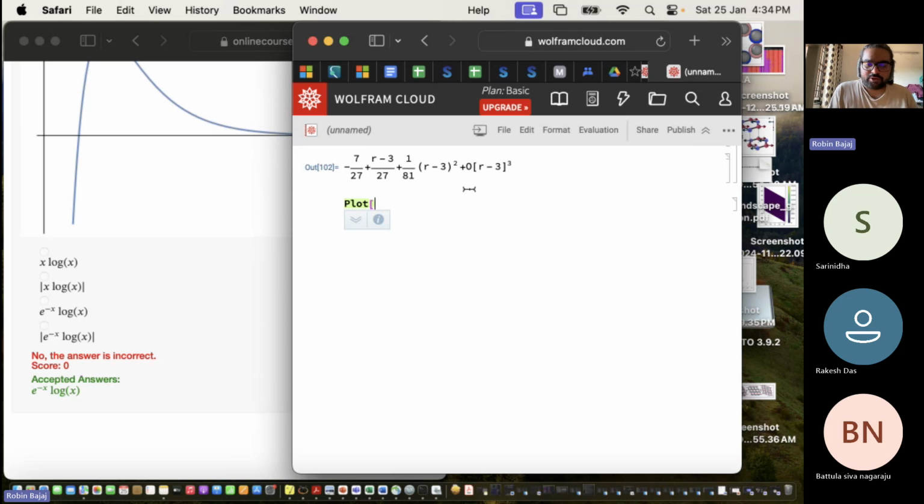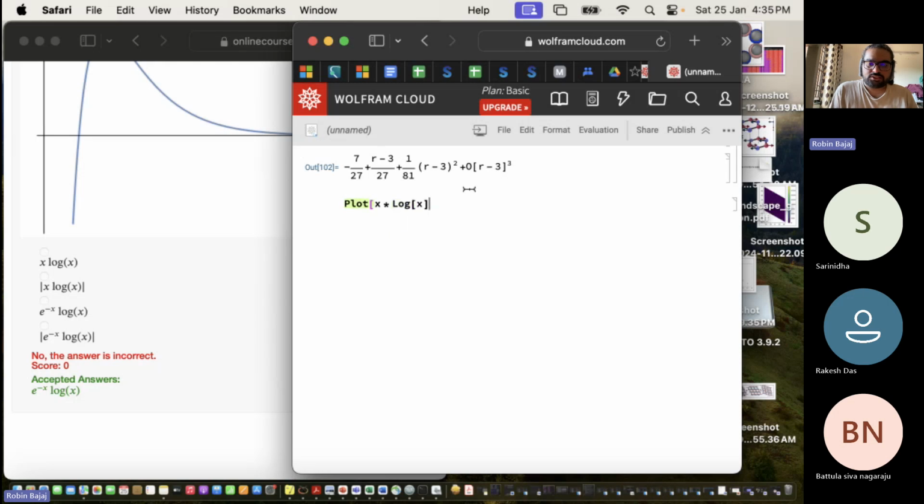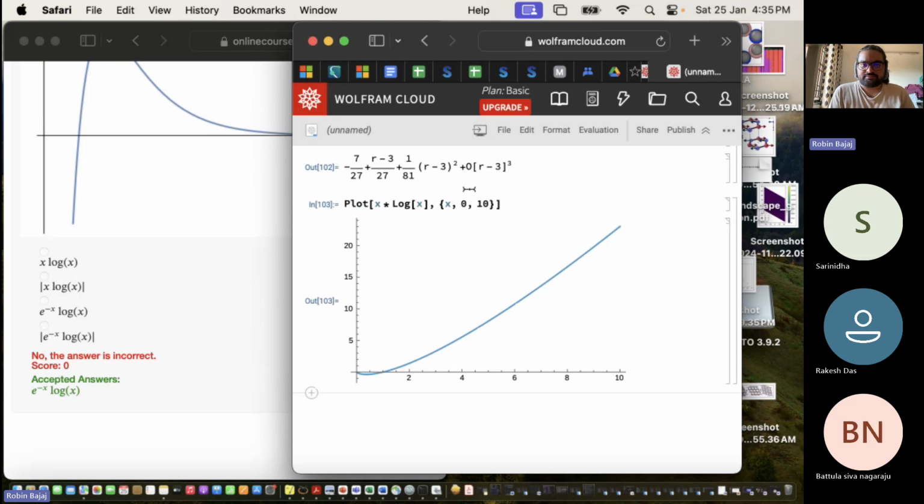Like this one, I can plot log x times log of x, comma, x from some range, this I plotted, let's say. But how would I plot multiple plots using the Plot command? Anyone?